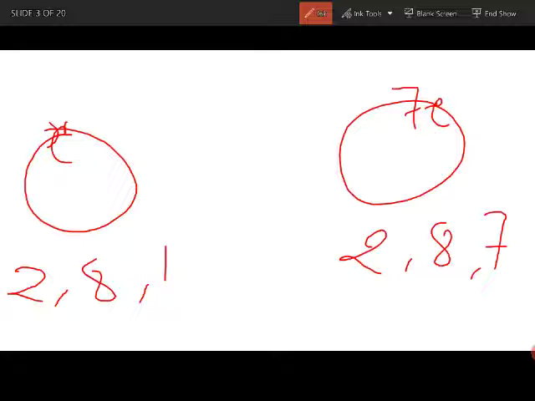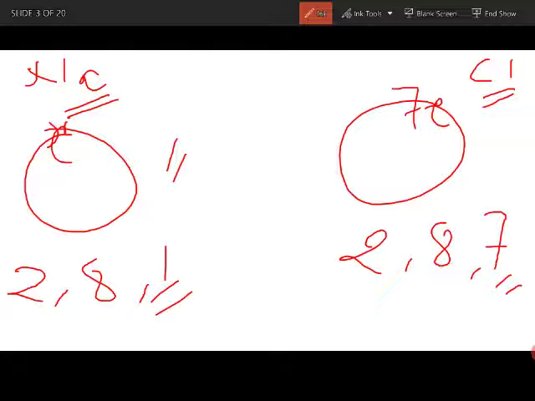Now sodium has 1 electron in the outermost shell and this is chlorine which has got 7 electrons in the outermost shell. Now you tell me students, this sodium and this chlorine both are unstable atoms. Why unstable? Because they do not have a complete octet in their outermost shell.